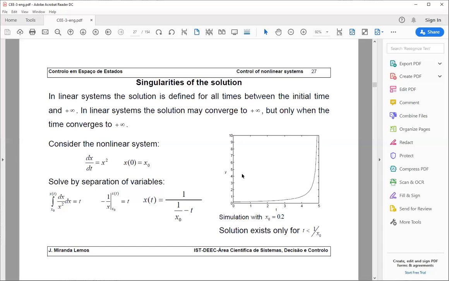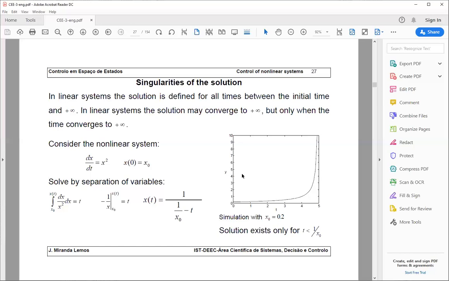Remember what we did in control of linear systems with state feedback, and when you are not able to feed back the state, use an estimate produced by a state observer, an asymptotic observer.